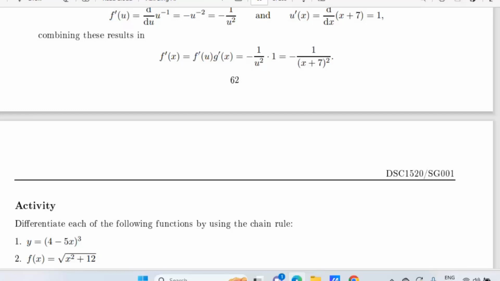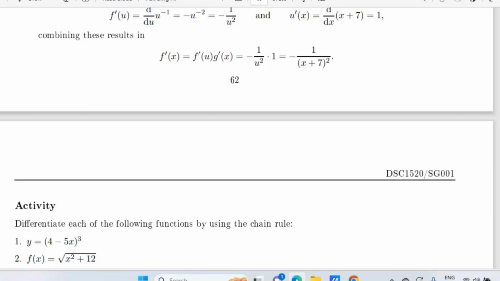And then remember, u is equal to x squared plus 12. So separately, we differentiate that. When we differentiate x squared, it's going to be 2 multiplied by x to the power 2 minus 1, so we get 2x as the answer because 12 is a constant.